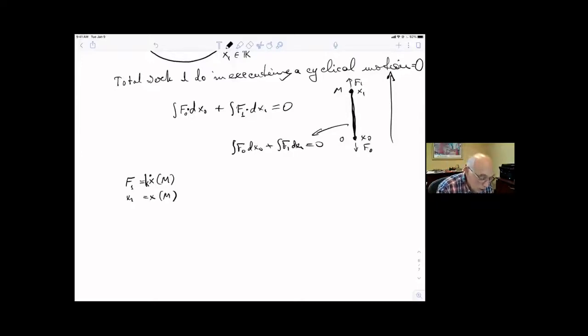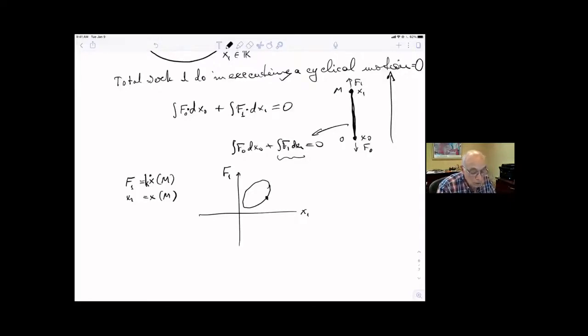And so what is the meaning of this integral? Well, you see what happens is I draw X. To be honest, we have to draw everything in a picture. So this is F, and this is X. And when I move my hand, both X and F change cyclically. So F1 and X1 change.